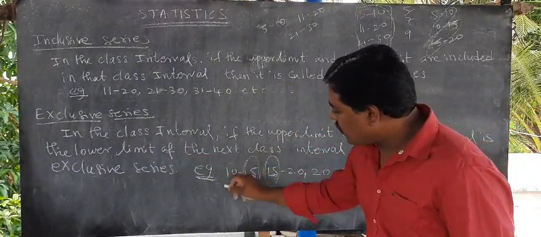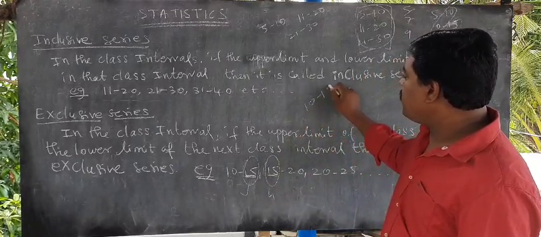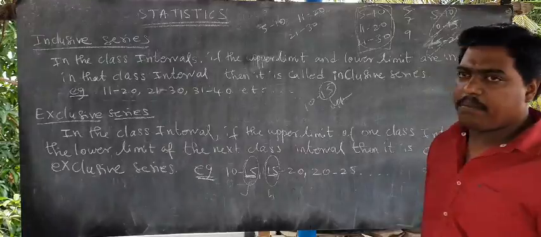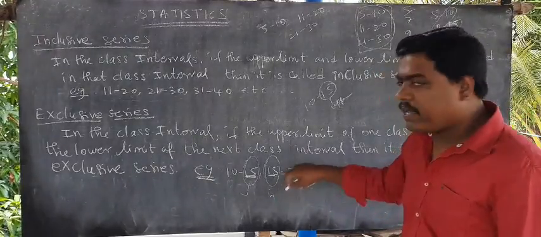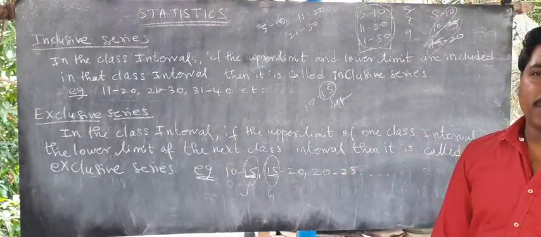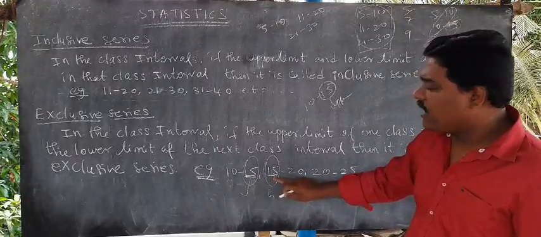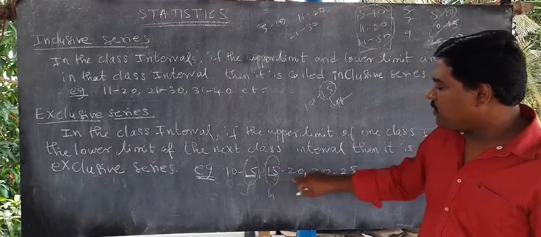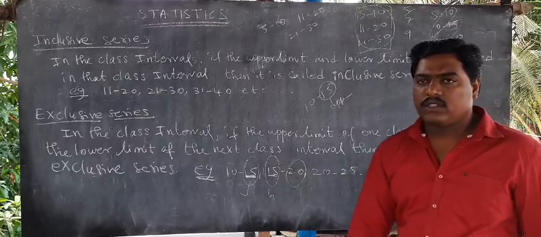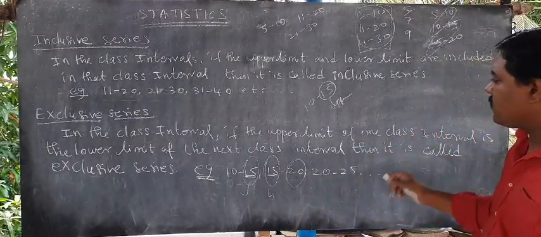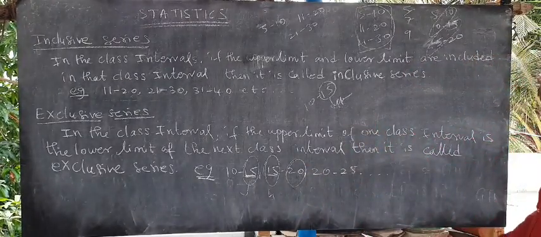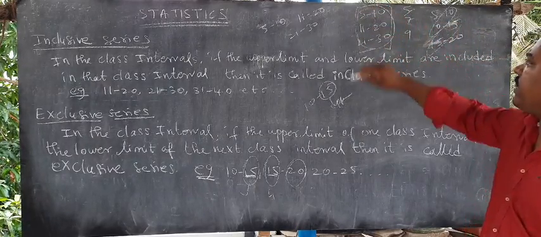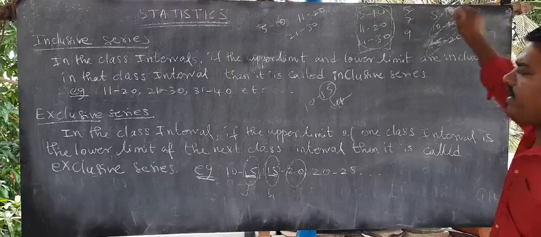Here in the first class, 10 to 15, this is the upper limit, but in the second class the same number acts as the lower limit, right? 15 to 20. Now this is the small number, this is the greater number. Like this it is called exclusive series. This is inclusive series, this is exclusive series.